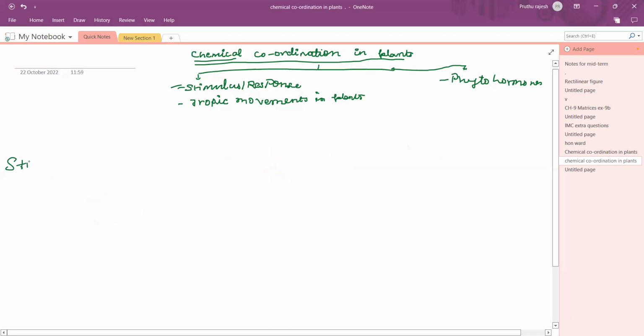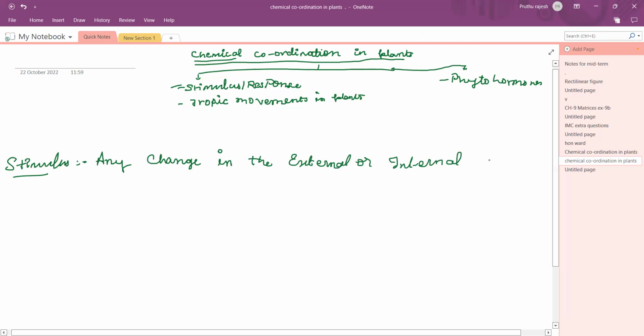So, stimulus: any change in the external or internal environment of an organism.